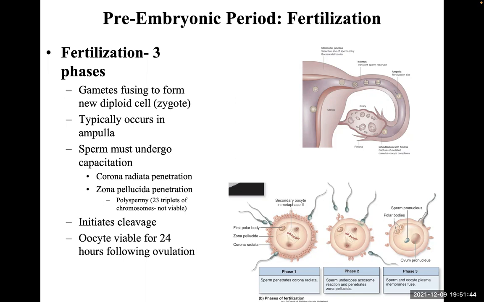The oocyte, once ovulated, is viable for more or less 24 hours. So there's this window, more or less, depending on the length of the cycle of the female, of about a week during which, if that female is fertile and comes into contact with sperm, fertilization can occur. Because if sperm are present in the reproductive tract when ovulation takes place, then that oocyte, of course, can be fertilized.